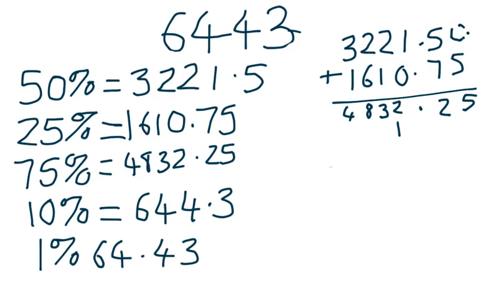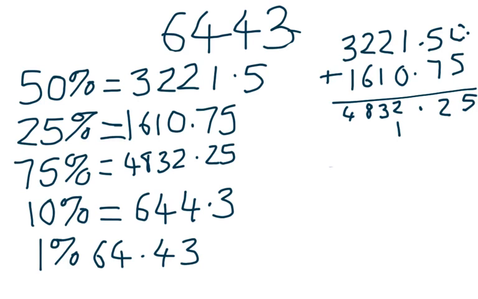This is a bit tricky, but what you're doing today is finding percentages of numbers. As far as I remember, you're only going to be finding these percentages here. So use the tricks I've shown you.